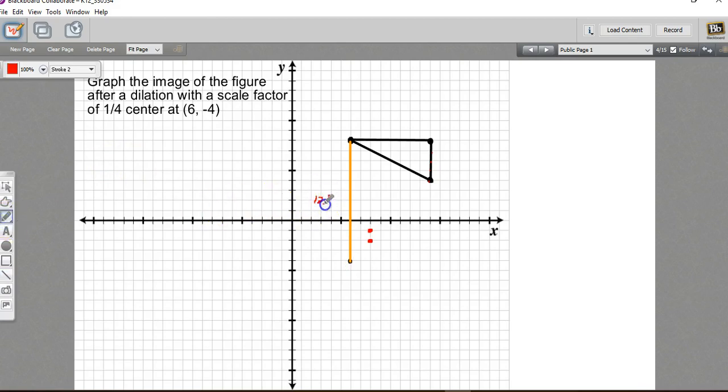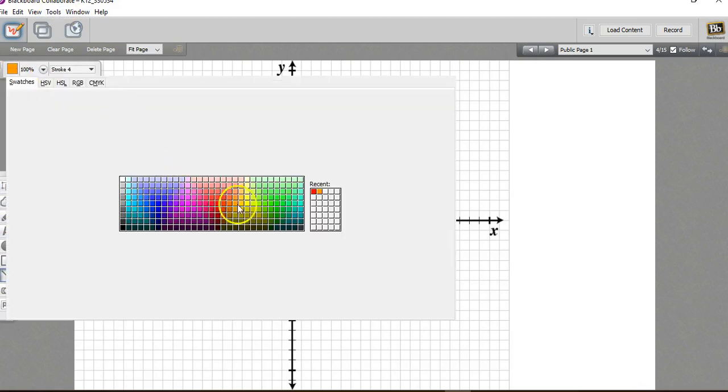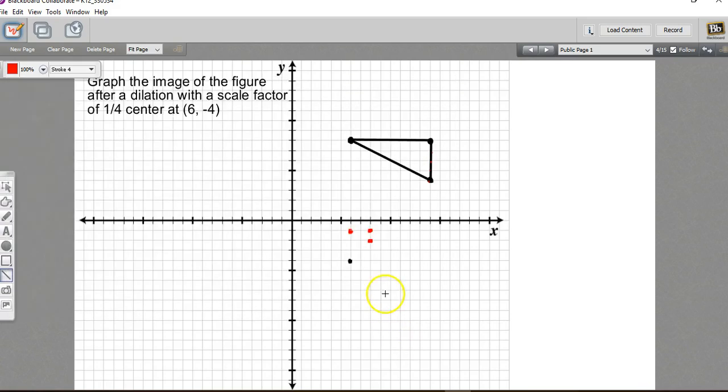So 12 times 1/4 is 3. So 1, 2, 3. There we go. So there is our image.